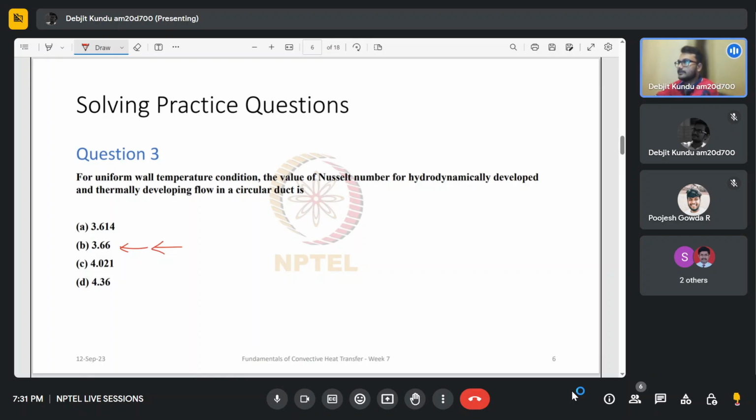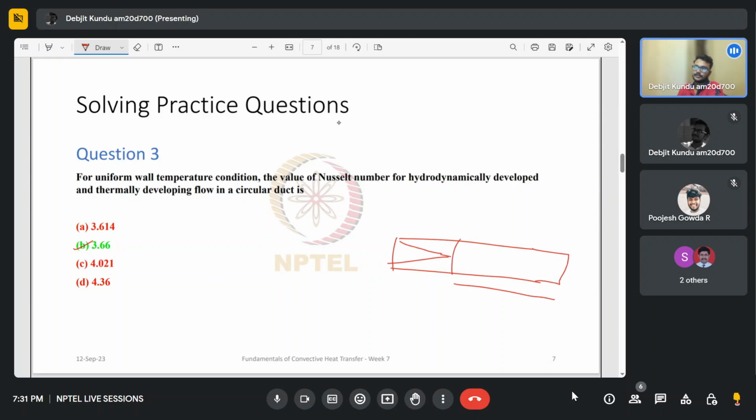Alright, so let's have a look at the solution now. The solution is indeed option B, 3.66. So it turns out it's the same value as for thermally fully developed flow as well. What happens is, in a long enough duct, the effect of the entrance region would soon die out, and it's the developed region which actually dominates the thermal behavior of the system.